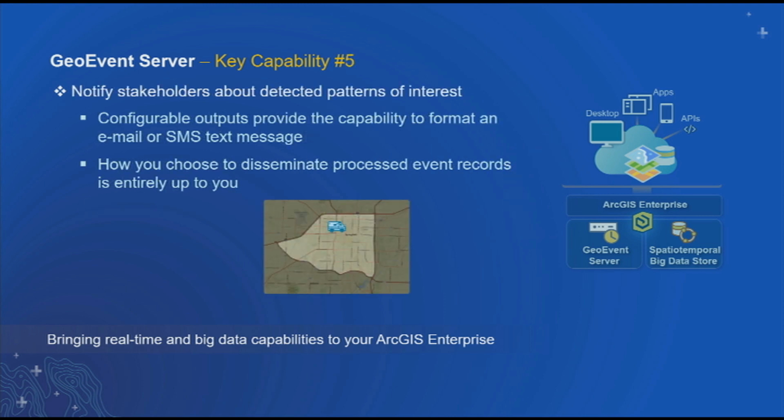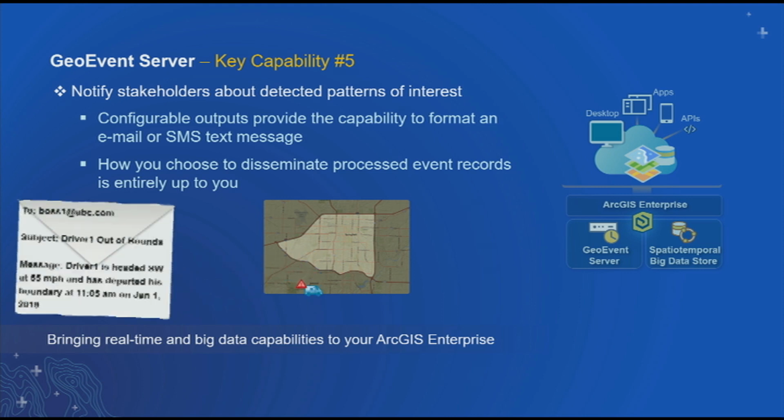Finally, the fifth key capability is dissemination and actuation. So we've already seen that GeoEvent allows you to store data in a geodatabase or visualize it as a stream service. But GeoEvent provides a host of other outputs that can be used to disseminate information back out to the larger environment. For example, if we're interested when a specific asset goes outside of its service zone, we wouldn't want to have to watch the map all day and wait for it to go outside of that zone.